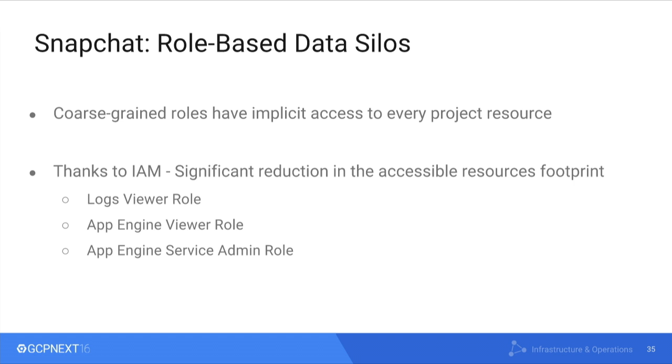So one can always do some hacks by basically revoking viewer access to certain buckets or to data sets, but that still gets unwieldy. So thanks to IAM, in the last couple of weeks where the floodgates were released and we could actually start using IAM, we've been able to significantly reduce the number of developers that actually have access to these coarse-grained roles.